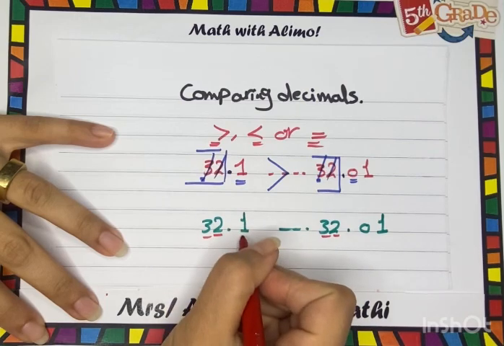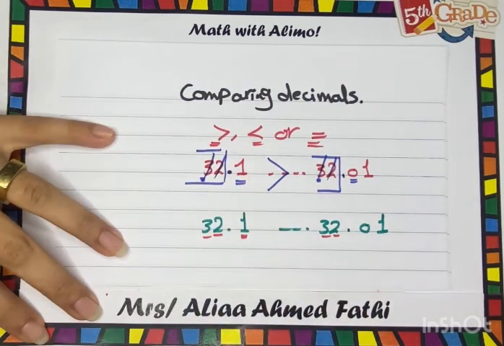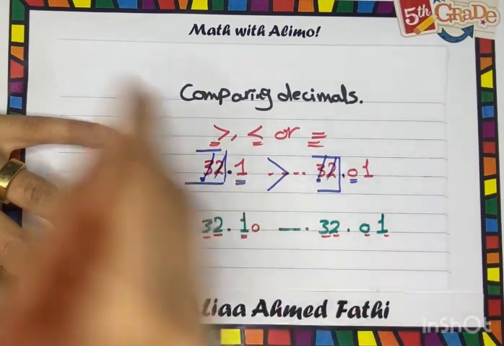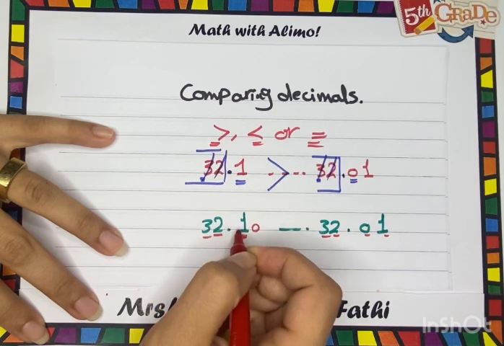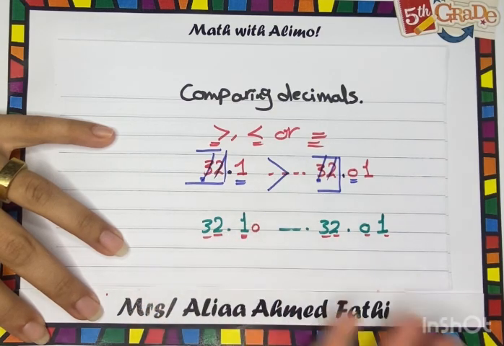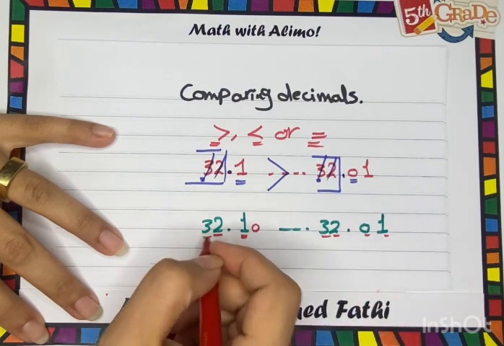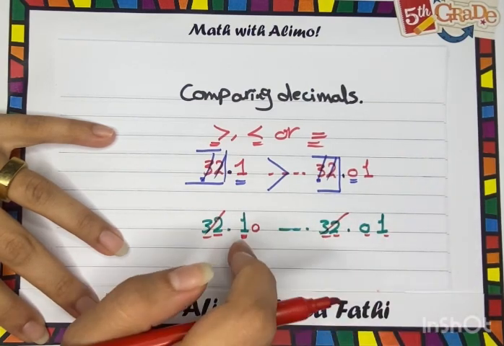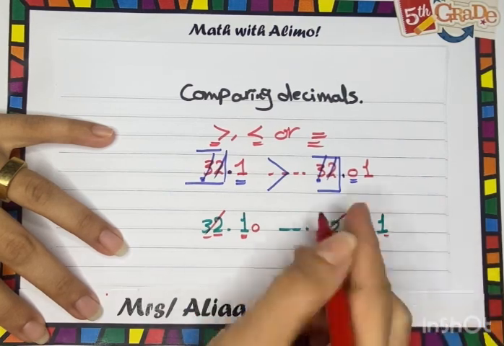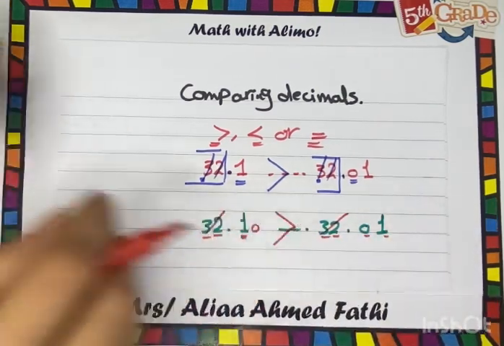But in the decimal part, we have here 1 digit and there 2 digits. To make balance, we're gonna put 0 here because 32.1 equals 32.10. Then we have 32 and 32, cross. And in the decimal part, we have 10 and here we have 1. So this one is the greatest one.